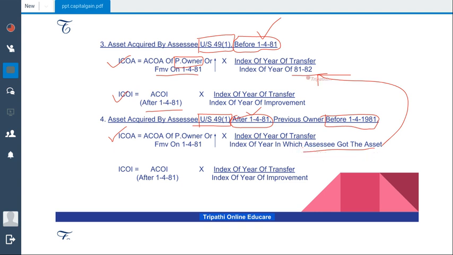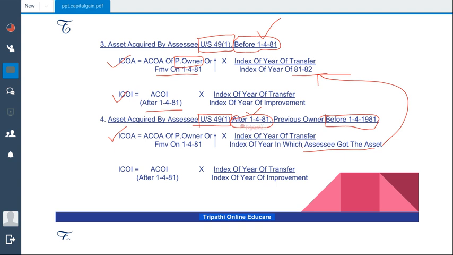Now why we are not taking 81-82, why we are taking index of year in which SSC got the asset? The reason is you are getting this asset as a gift after 1981, and we have CII, that's cost inflation index, after 1981. So what is important for us? We wanted to know your profit, your index cost of acquisition, your cost inflation index.